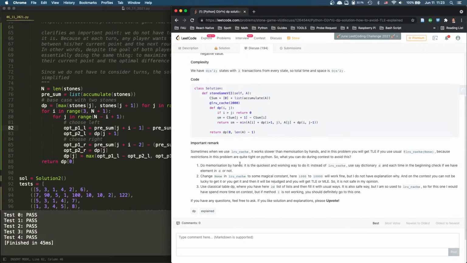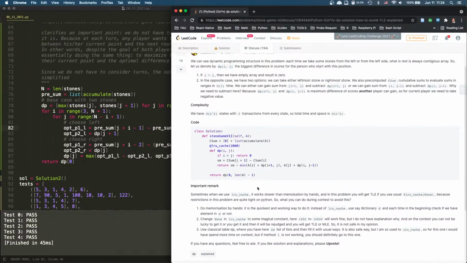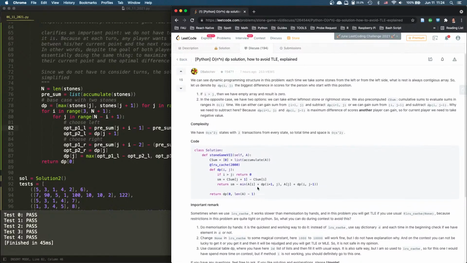Do memoization by hand. Change none. Use classical DP table. I'm so used to array cache. Going to sum minus minimum of this and this.